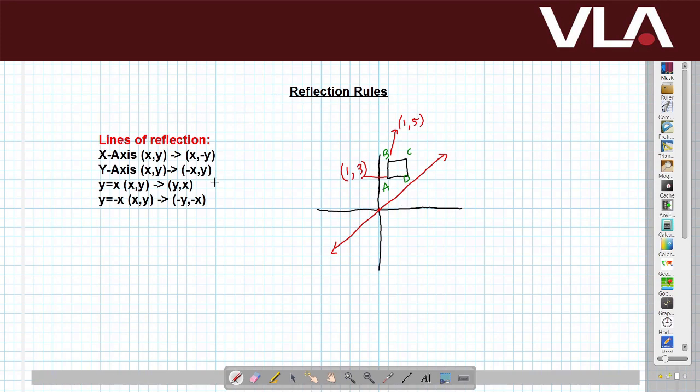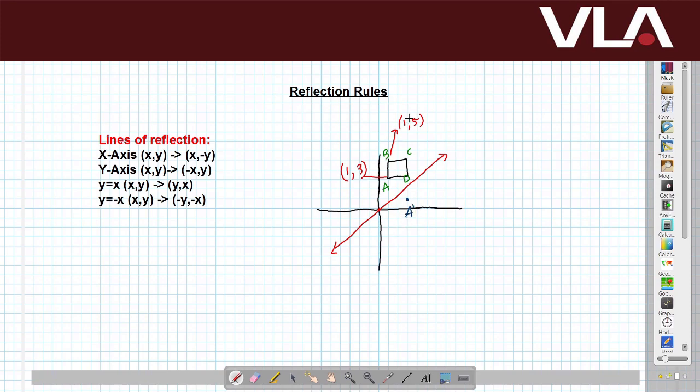So using the line of reflection rules for y equals x, this tells me all I'm doing is switching my x and y. So if my first coordinate of A is 1, 3, if I flip that, it'd be 3, 1. So let me do that, and let's do it in blue. 1, 2, 3, 1. That would be my new A coordinate, A prime to be exact.